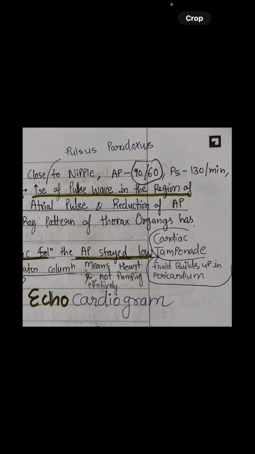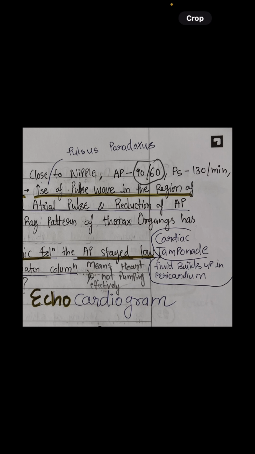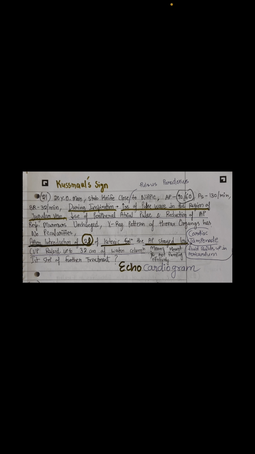The heart is not pumping effectively, so we do an echocardiogram to find out if there is any fluid buildup near the pericardium. This is the feature of cardiac tamponade: fluid builds up in the pericardial sac, due to which we see jugular venous distension, and the heart can't pump properly because the fluid buildup is constricting it.